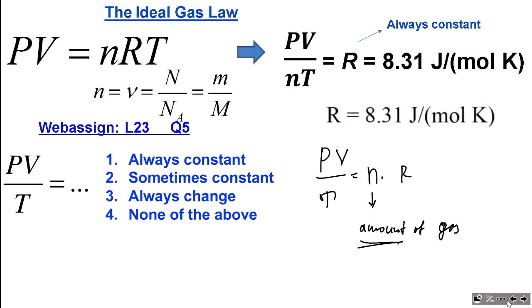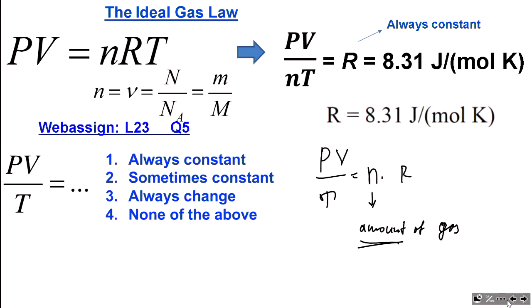Is it always the same? Is it always constant? The R is constant. That's why it's always constant. But how do I change the amount of air in this balloon?